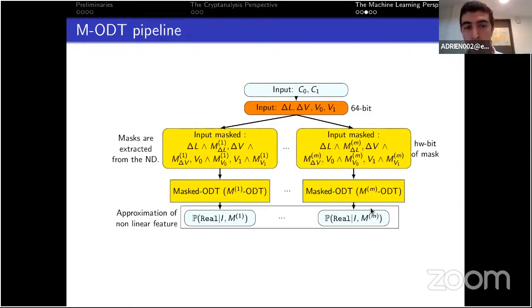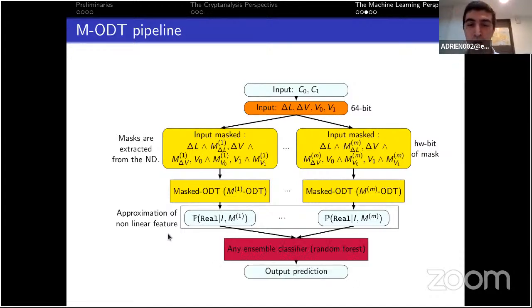All these probabilities are considered as the approximation for the nonlinear features F above. And then we finally classify with any ensemble classifier. So the big picture is that you can replace the ResNet by multiple masked DDTs.